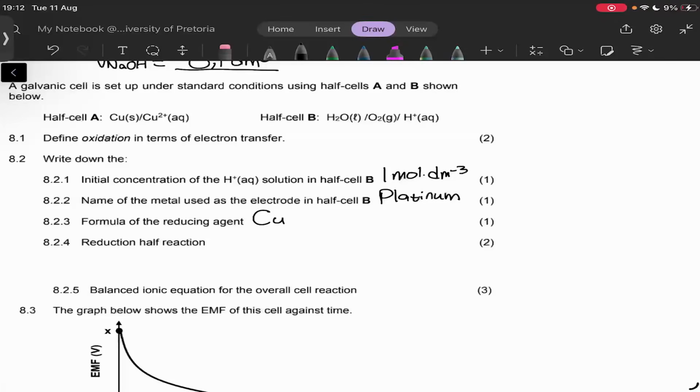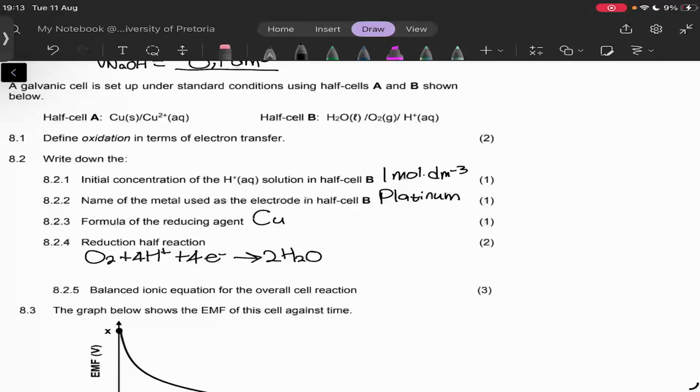For this one, the reduction half reaction is going to be O2 plus 4H plus plus 4 electrons goes to 2H2O. Thank you to everybody that tried.